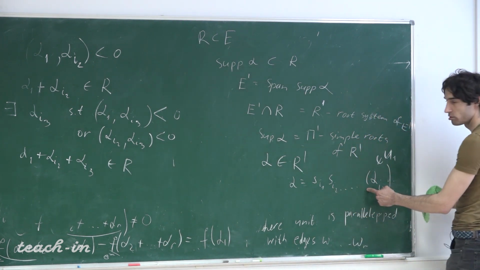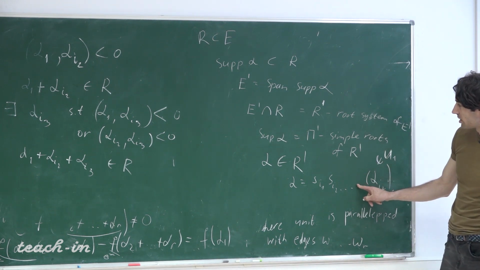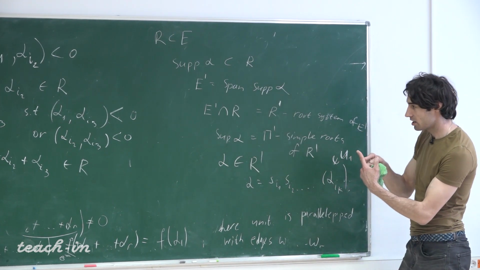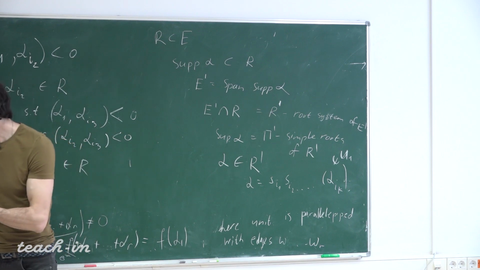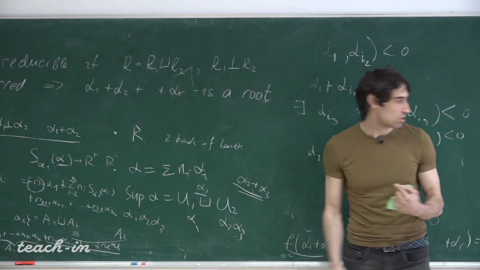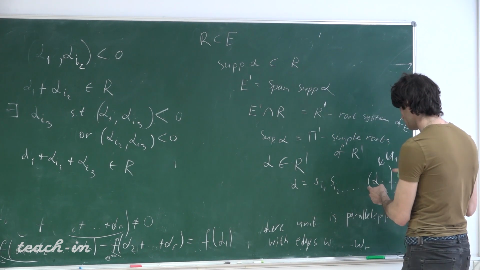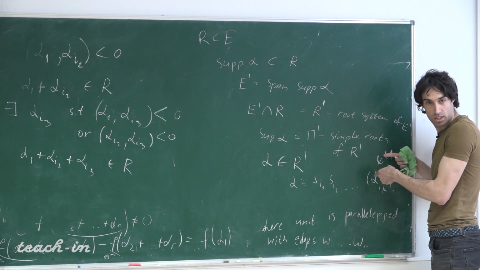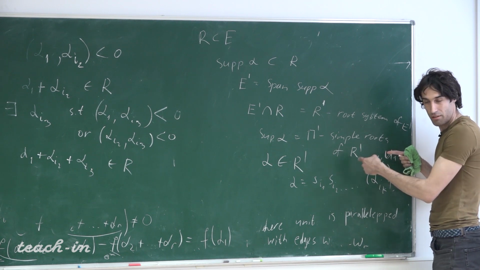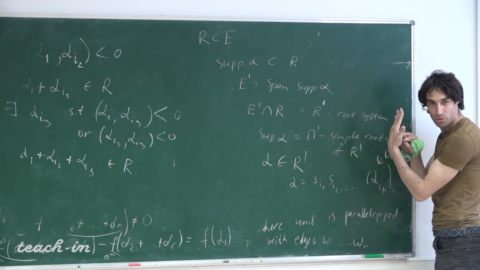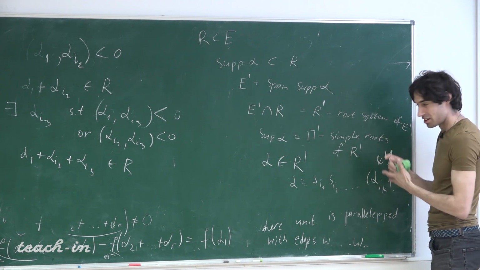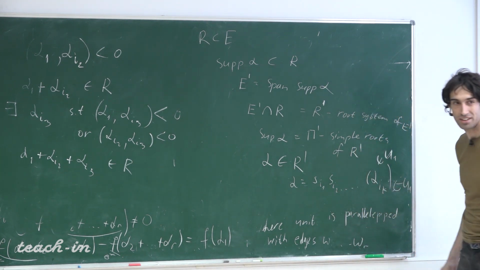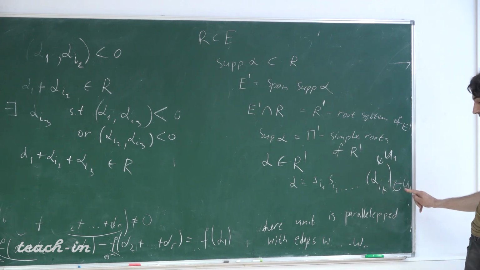Then I have simple roots here, but these simple roots are only for pi prime. So I take and reflect either with a simple root which lies in U1 or which lies in U2. If I reflect with respect to a root that lies in U1, then I'm still in U1, right? If with respect to U2, since it's orthogonal, I'm still in U1, right? So then I obtain that this is in U1. And if I started with U2, I'm still in U2.